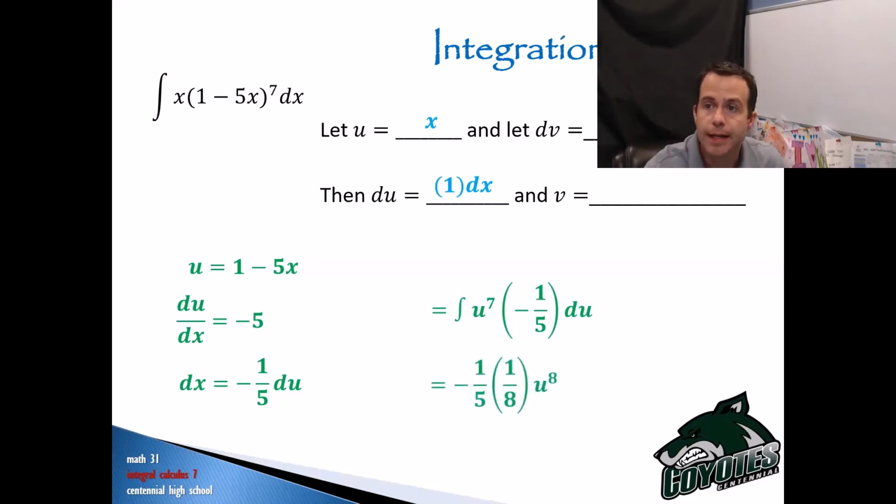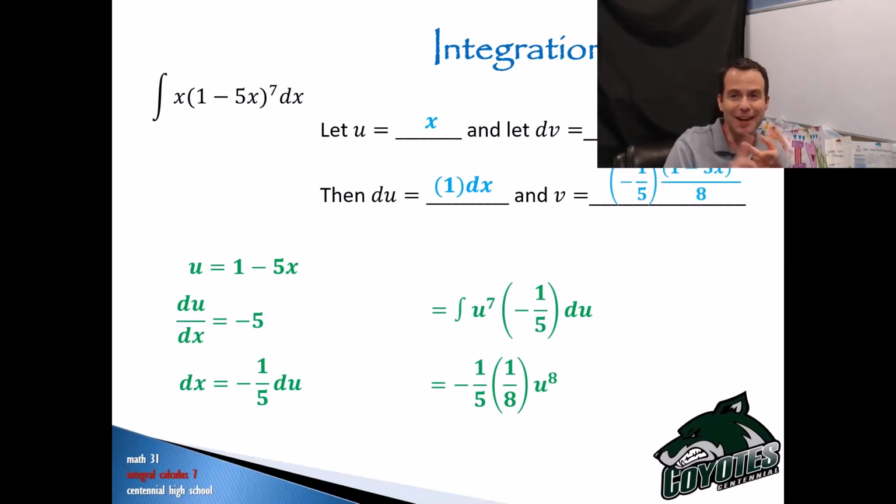Okay, and now that tells me what my v is. I need to replace my u again with 1 minus 5x. So this is going to be negative 1 over 5 times 1 minus 5x to the 8 over 8. So I'm going to put that in for v. Okay, so now I have all my parts.